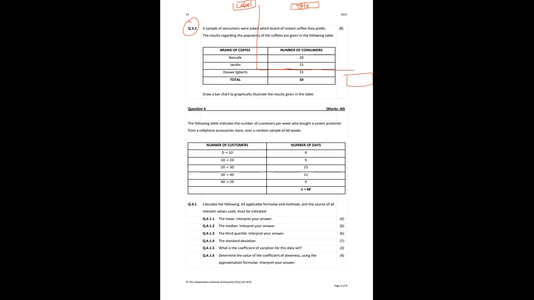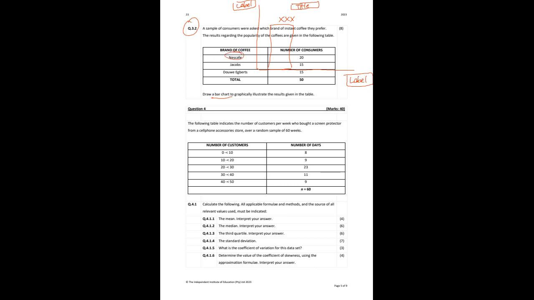Then when you are drawing up your bars, remember a bar chart has spaces between the bars. And when you draw up the bars, make sure to write down the value of that respective category. So, for instance, you have Nescafe here and it is 20. So, you'll write down the number 20 on the top of the bar.